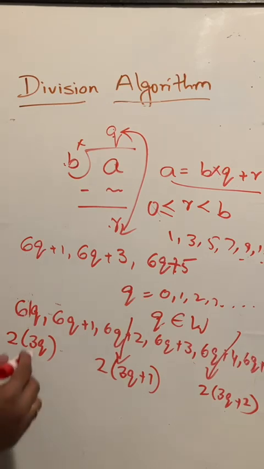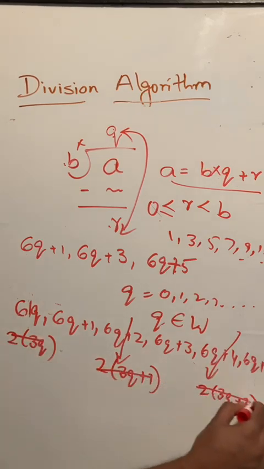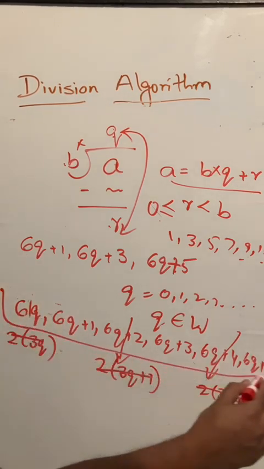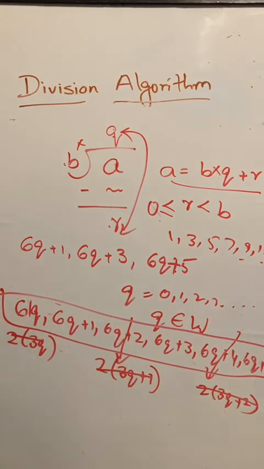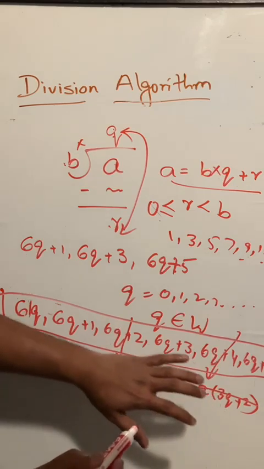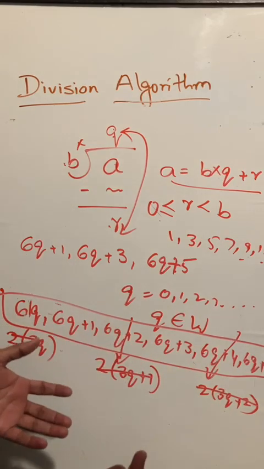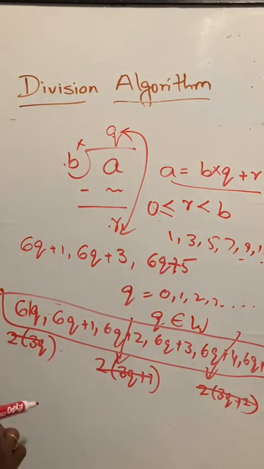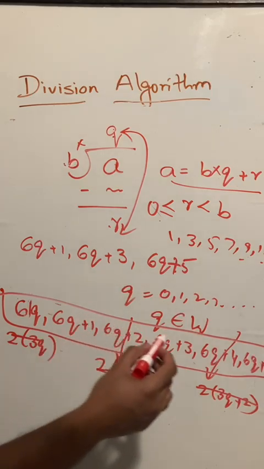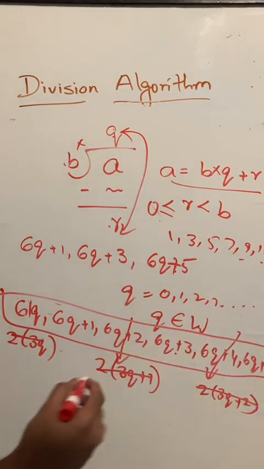So when I cut these out, these are representing even numbers. This set represents all natural numbers. If I cut the even numbers out of it, the remaining will represent odd numbers. What is left? 6q plus 1, 6q plus 3, 6q plus 5.